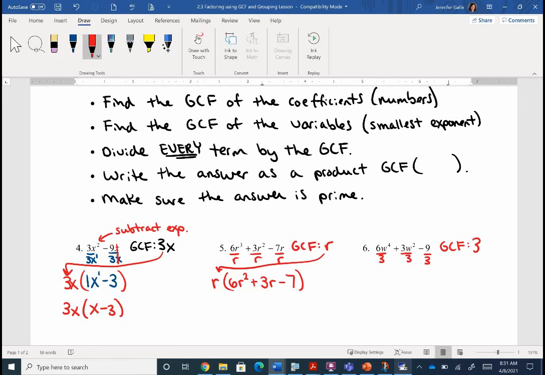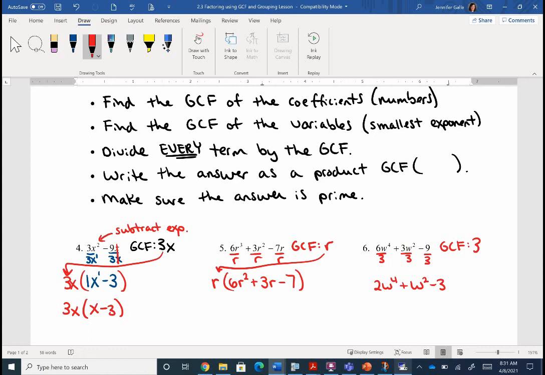So what we have left is we have a 2w to the 4th, a w squared. If you want to put the 1 in front of the w squared, you can to show the 3 divided by 3. That's fine. And then we have a minus 3. Make sure you watch your signs. Negative 9 divided by 3. We're still going to keep a negative with that.